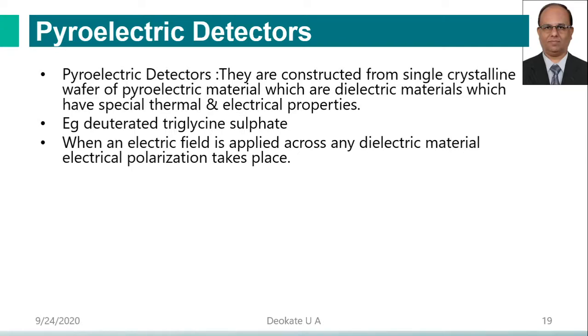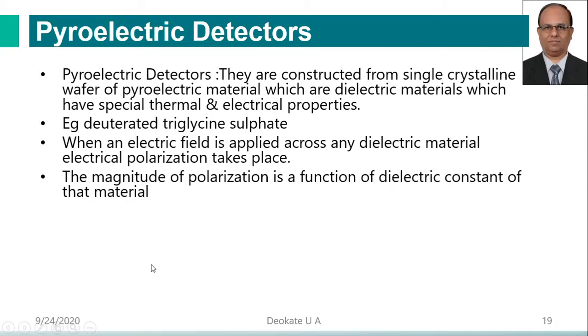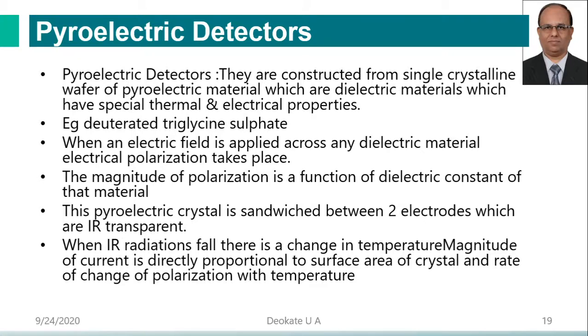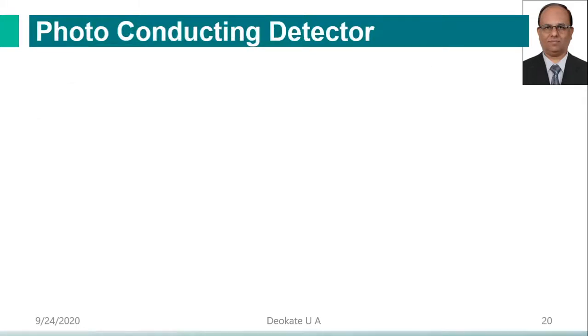When an electrical field is applied across any dielectric material, electrical polarization takes place. The magnitude of polarization is a function of the dielectric constant of that material. The pyroelectric crystal is sandwiched between two electrodes which are IR transparent. When IR radiation falls on this material, the magnitude of current changes in direct proportion to the radiation falling, and that can be detected.